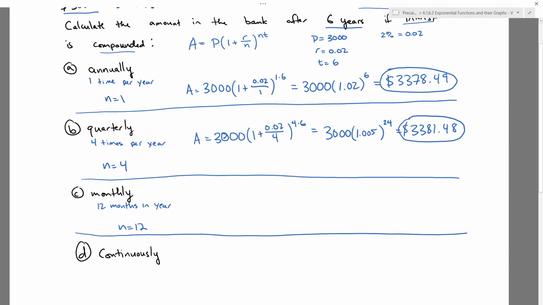Okay. And then the third one, n is now 12, but everything else is the same. So we have 0.02 divided by 12, to the 12 times 6.